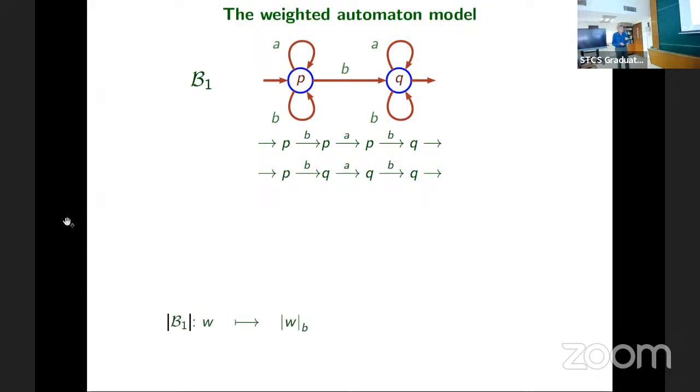And more generally, this automaton maps every word to its number of B's. This is the behavior of this automaton, if you not only see what is accepted, but also count the number of computations. So it's a map from A star into the semiring of non-negative integers.